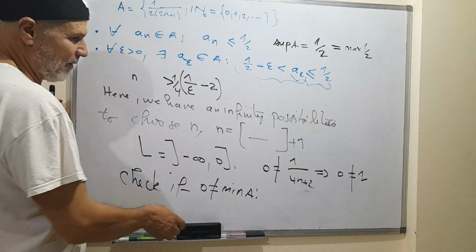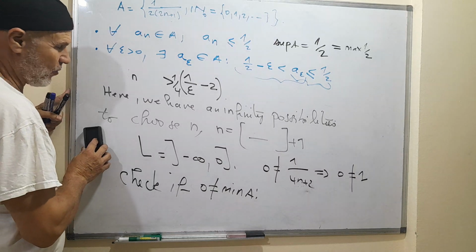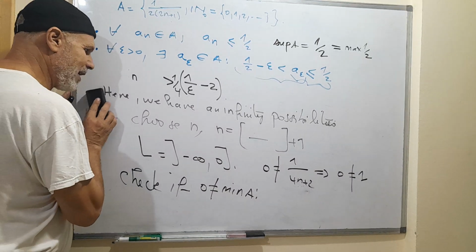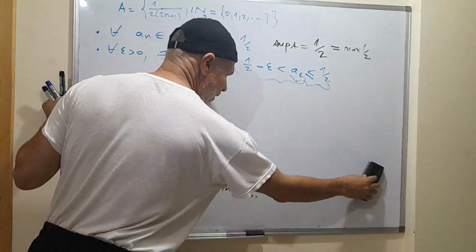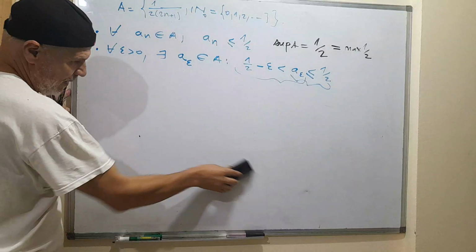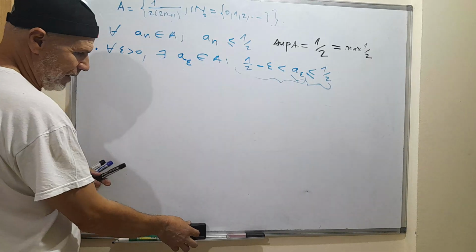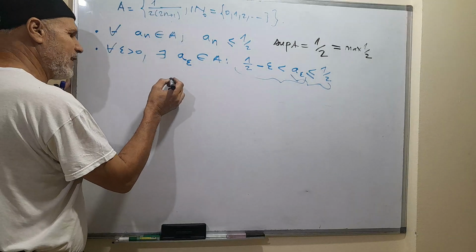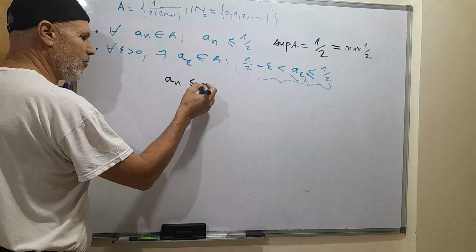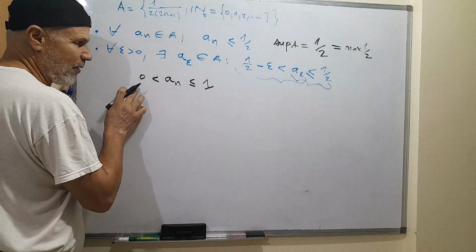Actually, I can say I finished, but I will propose an extra question. Suppose that by error, we made an error in calculus, and we find that a_n is less than or equal to 1, for example, and greater than 0.